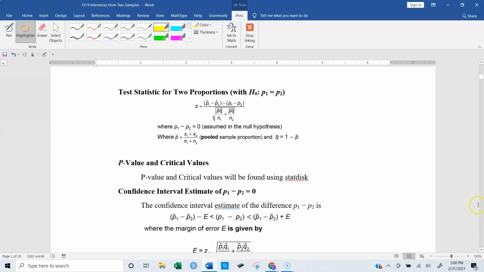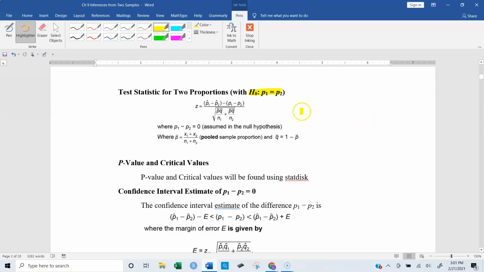Now again, you can calculate this by hand. We will be using StatDisk, but if you do get stuck and you need to be home, you can do this without StatDisk. All right, our null hypothesis will always be that they are equal. And then our alternative will be something other than equal, like less than, greater than, or not equal to.